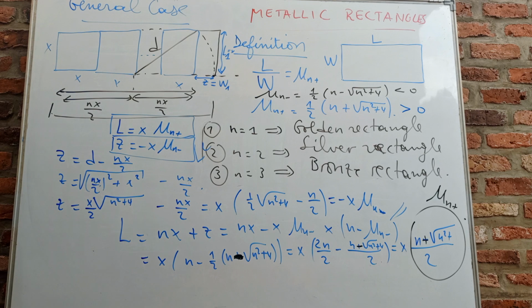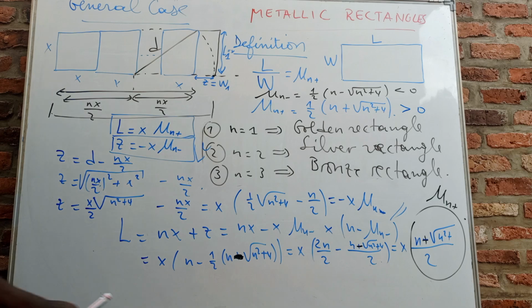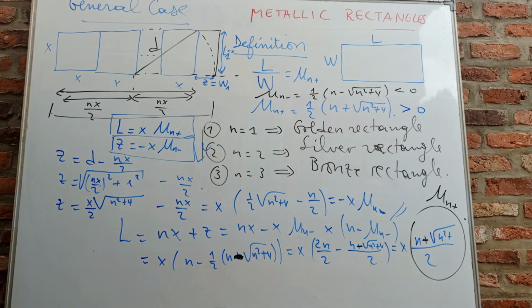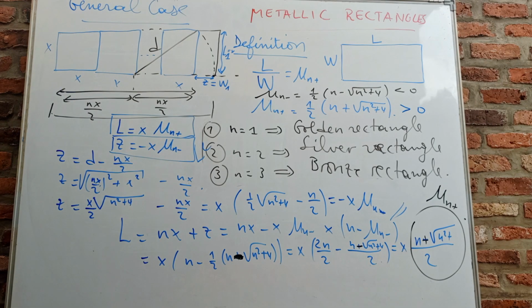So L is a multiple of the metallic ratio, and I have to divide by the same factor x. So we are proving that L over the width, x divided by the width, is the metallic ratio.